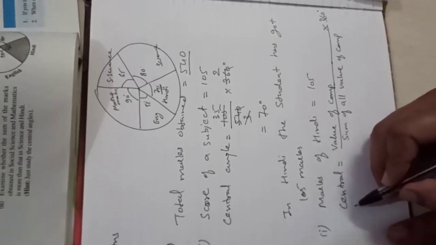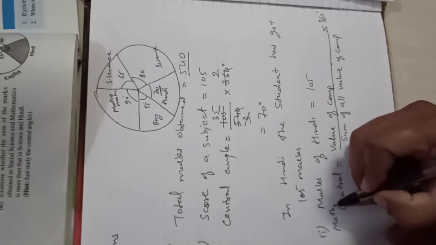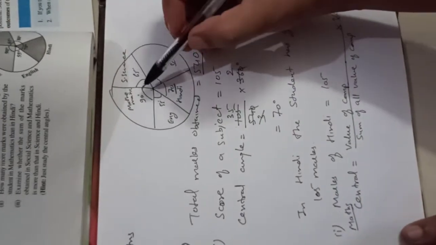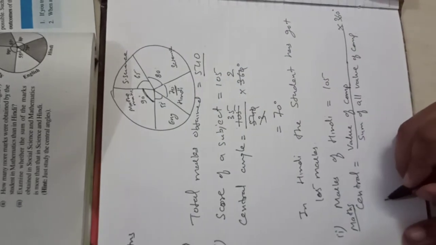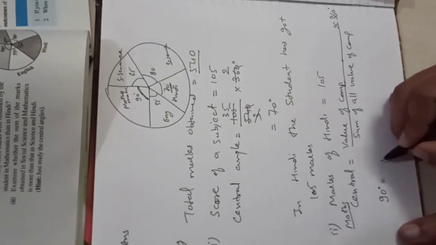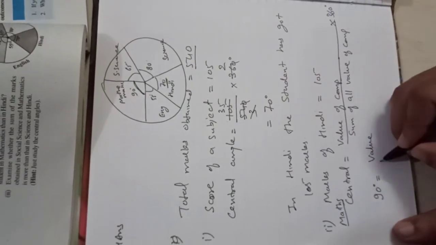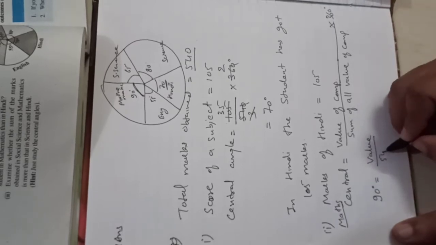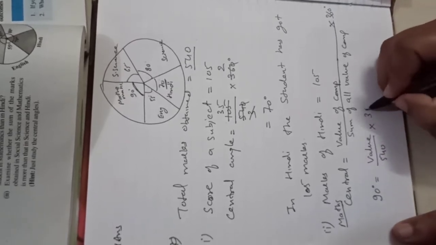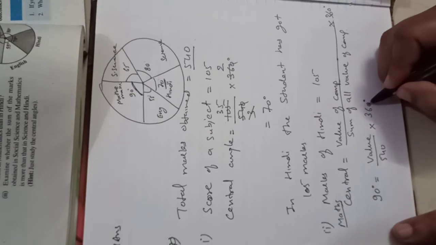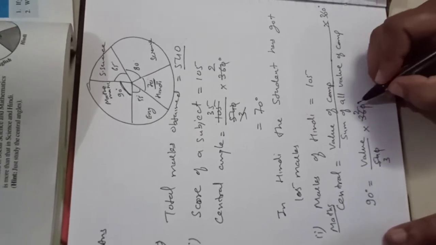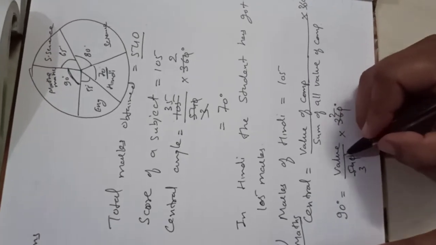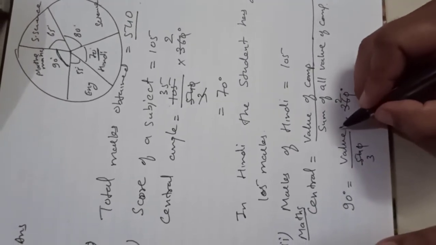We are finding it for mathematics, and its central angle is given as 90 degrees. The value we have to find; the total is 540, into 360. This 0 0 cancels, this 3 times, and this 2 times. We have to find the value, that is, the marks.